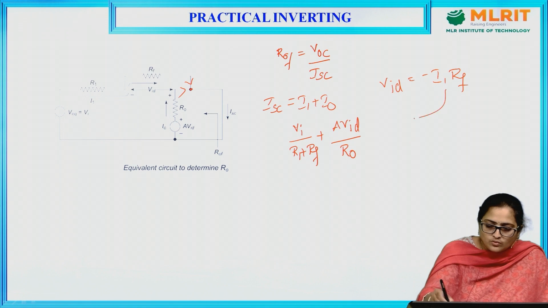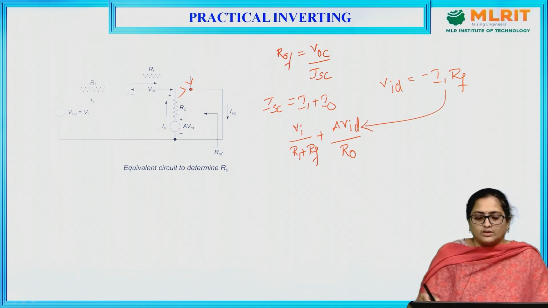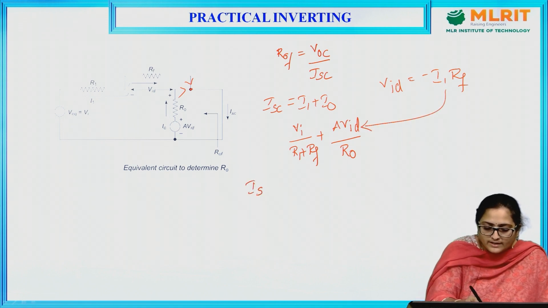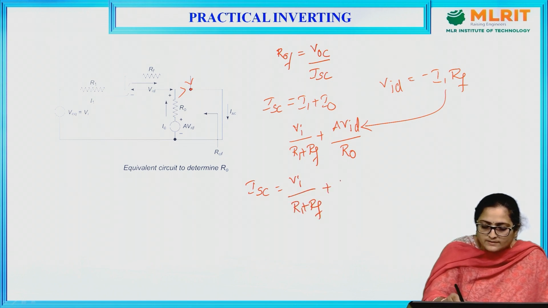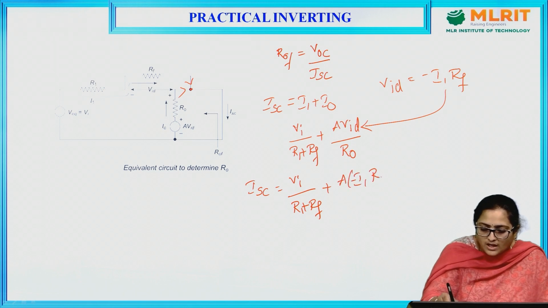So by substituting VID as minus I1 into RF, you can write ISC is equal to VI by R1 plus RF plus A into minus I1 RF divided by R0.